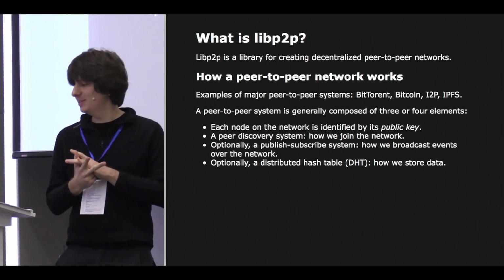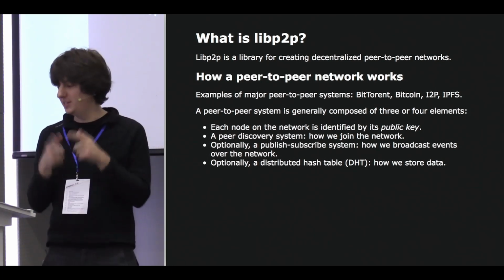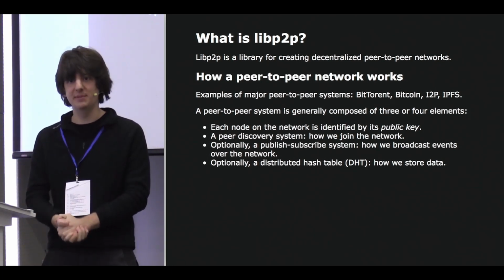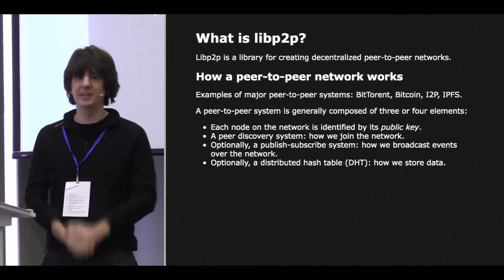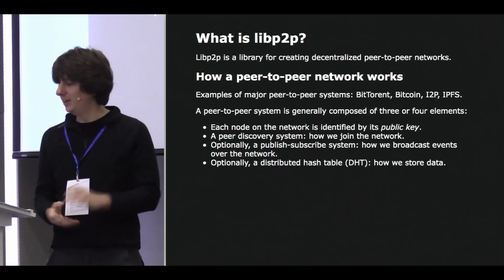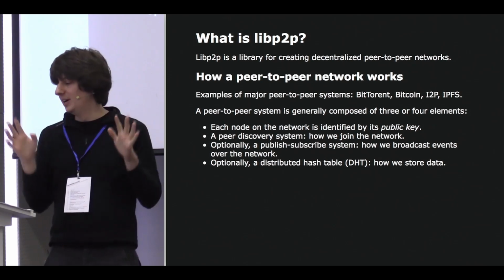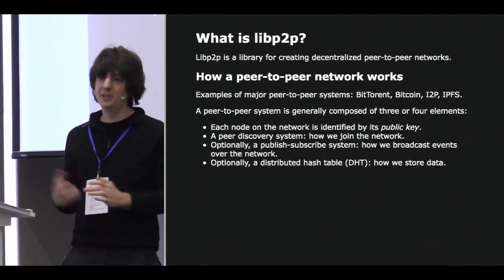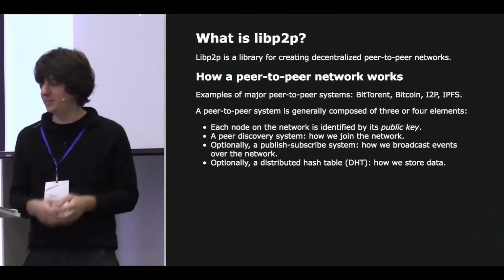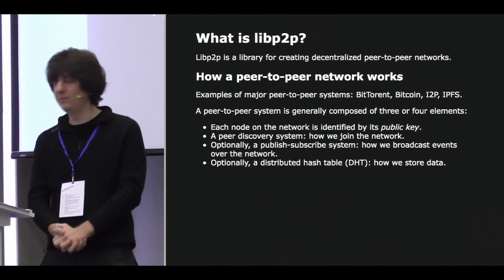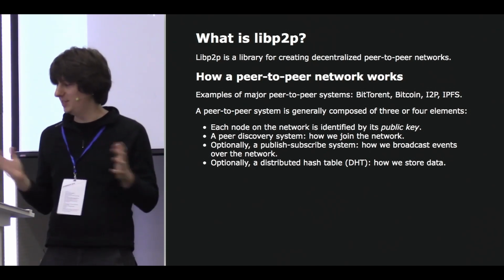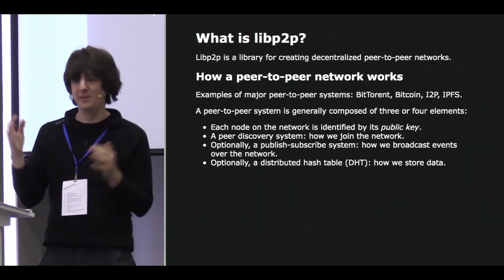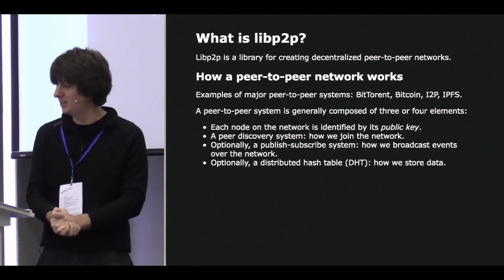Third component, you need a messages system, a publish-subscribe system, in order to propagate events on the network. And fourth component, a distributed hash table if you want to actually store values. But you don't necessarily need an event system or a DHT. These are optional, but you need one of the two, otherwise your system is quite useless.